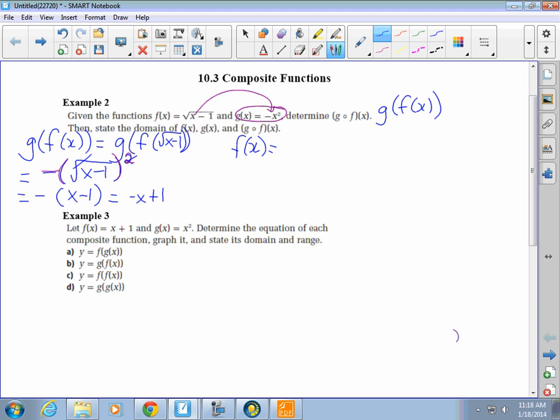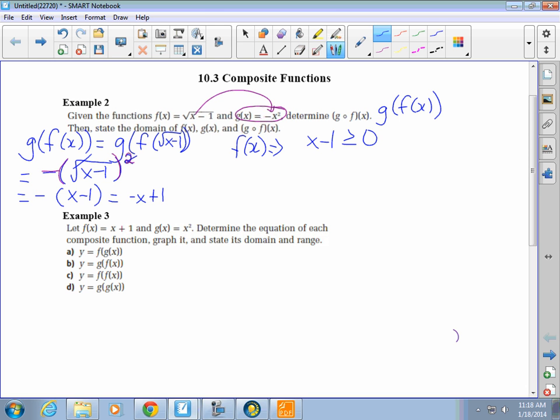Because this is a radical, I need to take what's under the radical sign and put it greater than or equal to 0, because we're turning this into domain.